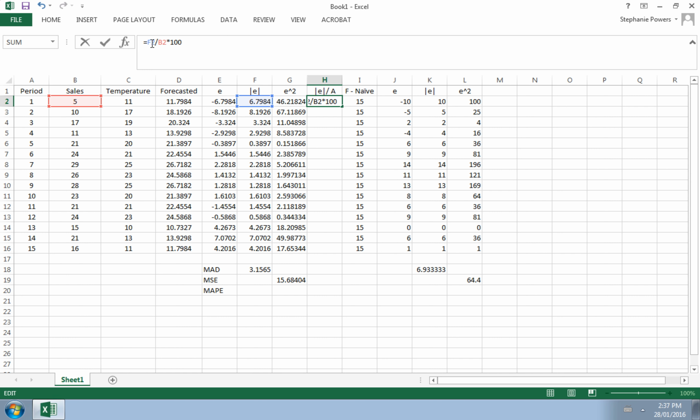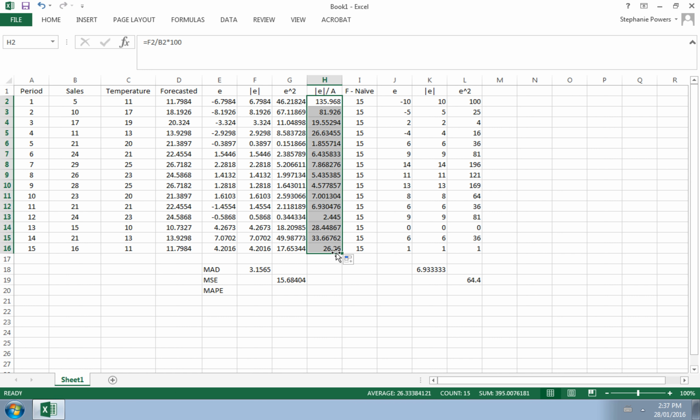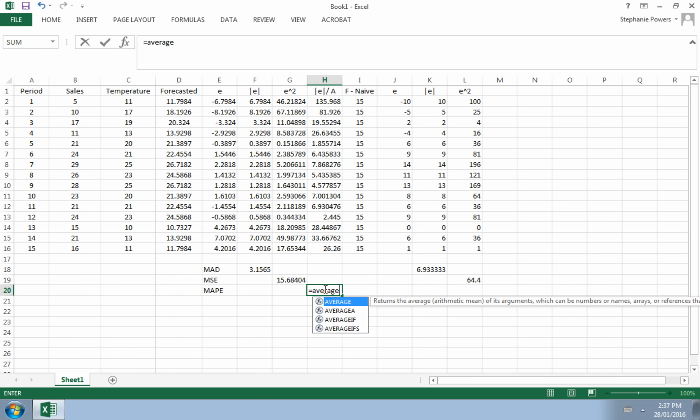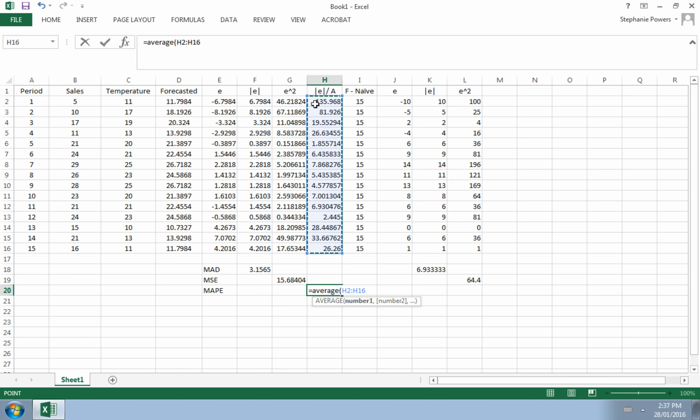So we take our absolute error divided by actual times 100. Let's drag that down. Okay, all right, then we are going to find the average. And we find the MAPE is 26.33.